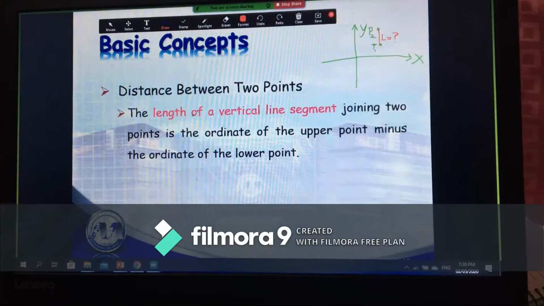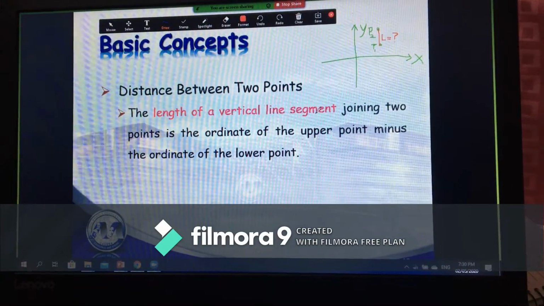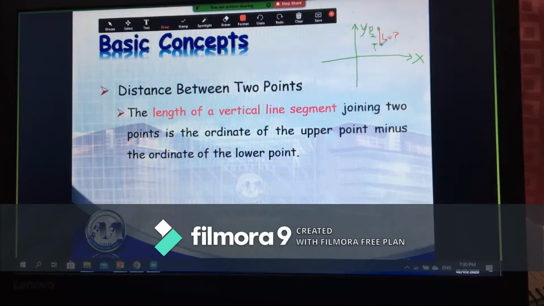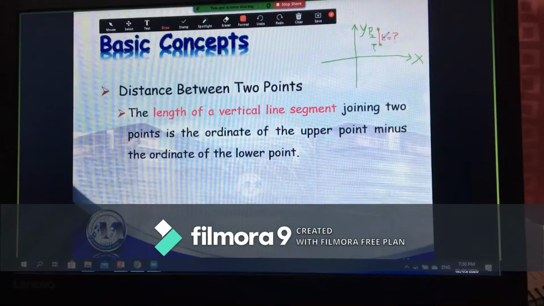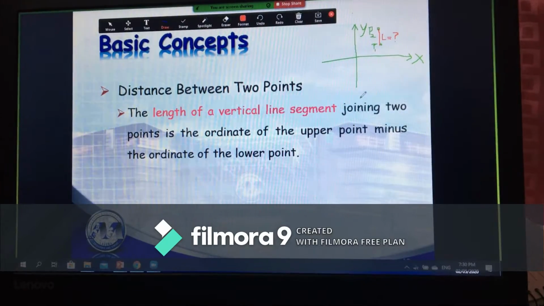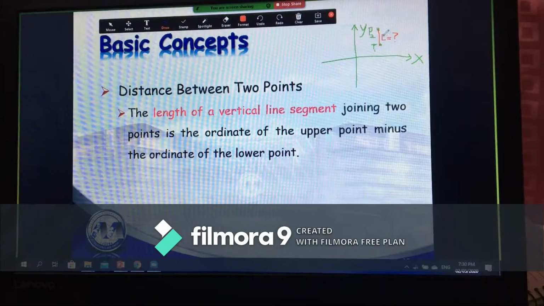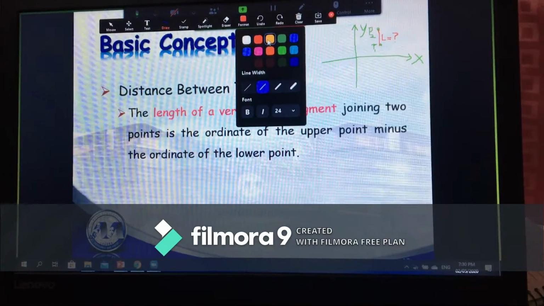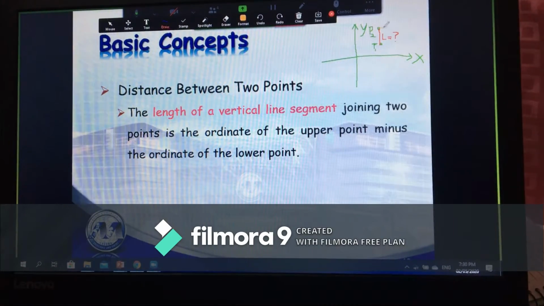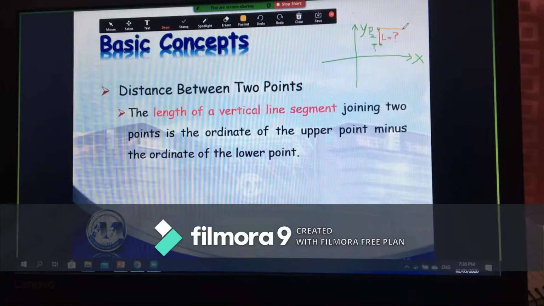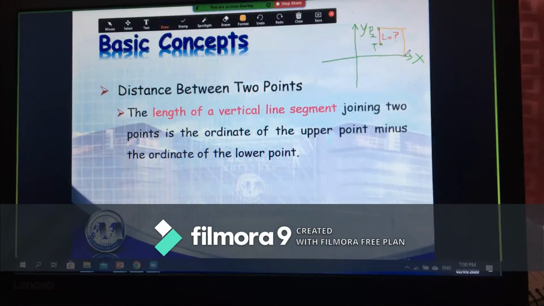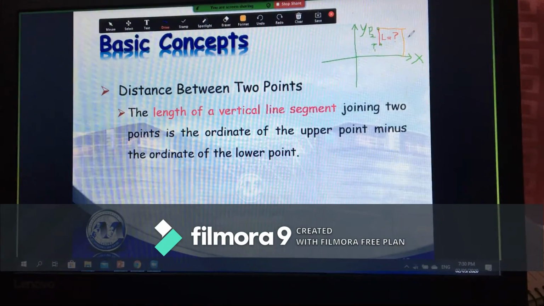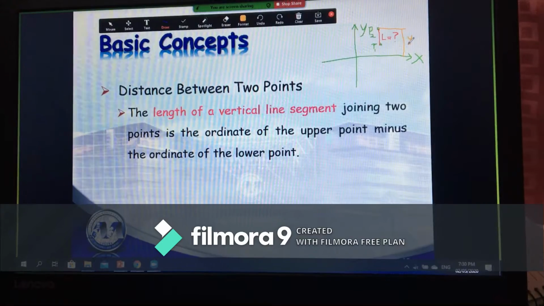So again, the length of a vertical line segment, which in our picture is from P1 to P2. This is L. Ito yung hinahanap. Joining two points is the ordinate of the upper point. So ito yung upper point natin, which is the ordinate. Anong ordinate niya? We can call the ordinate y2, since that is P2, so tawagin natin siyang y2.